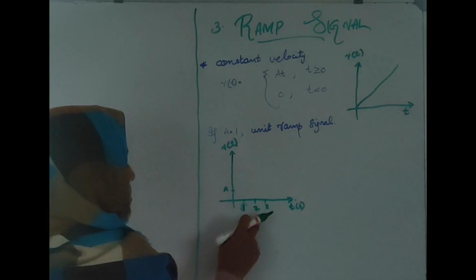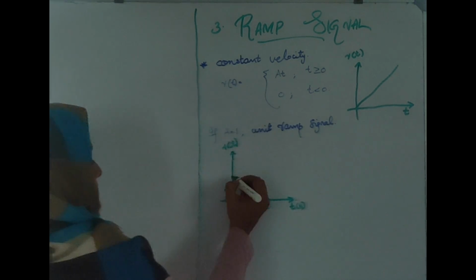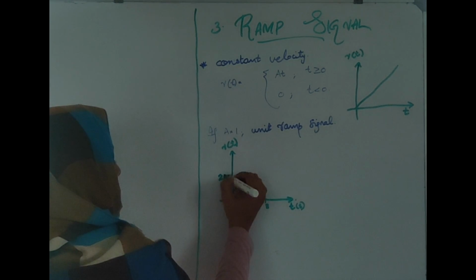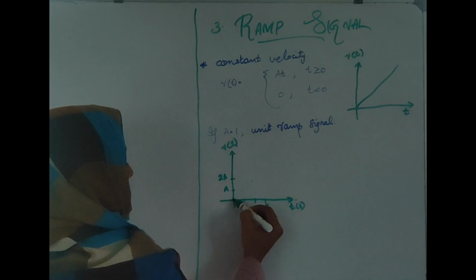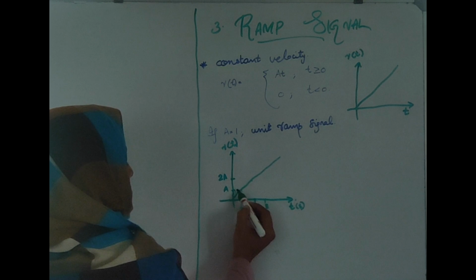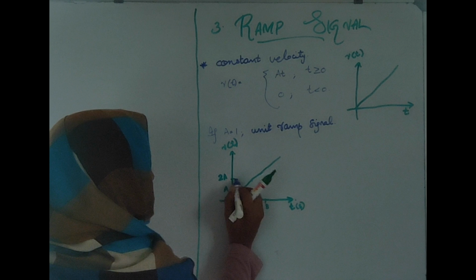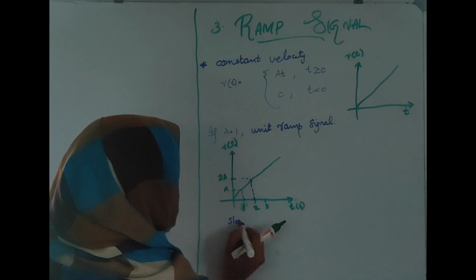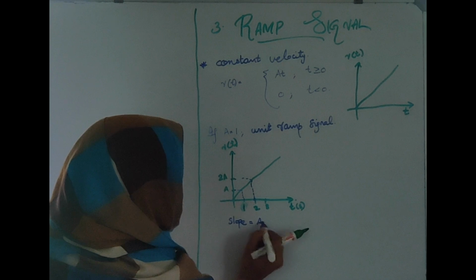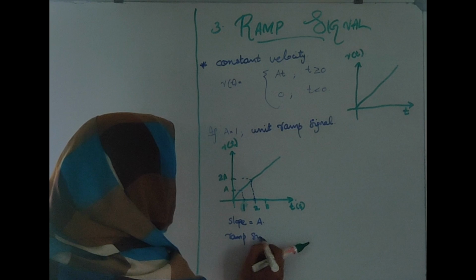And when t is equal to 2, r of t is 2a. Like that it goes. So we can plot a straight line passing through the origin with slope equal to a. This is a ramp signal with slope equal to a.